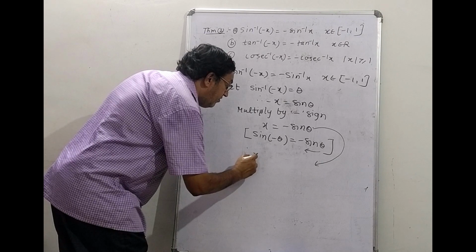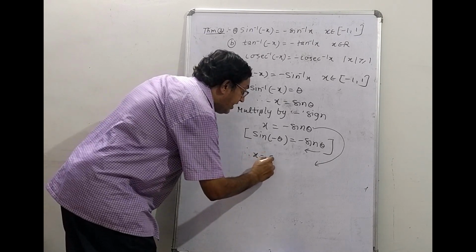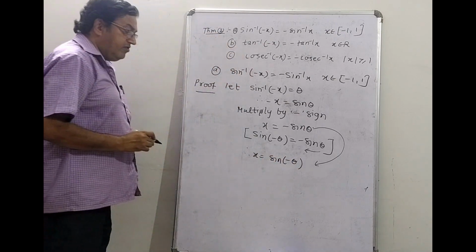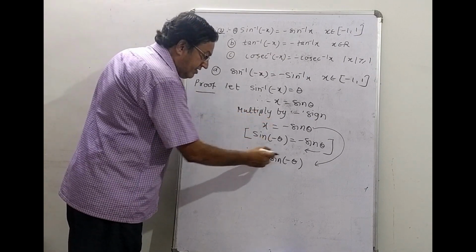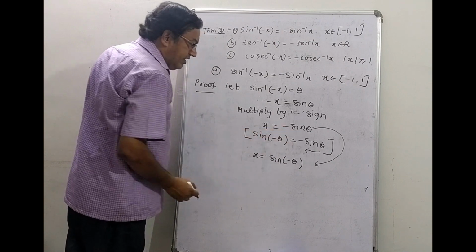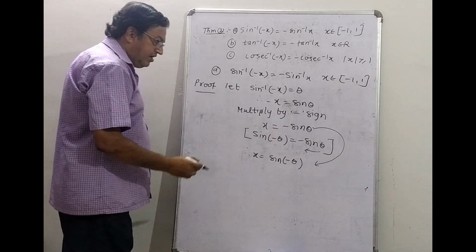Therefore x is equal to sine of minus theta. I have taken minus sine theta as sine of minus theta because sine of minus theta is minus sine theta.